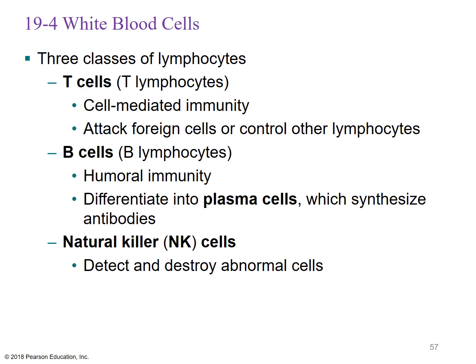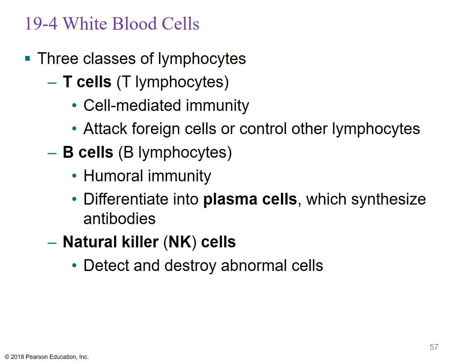Your 3 types include your T cells, which is all about cell-mediated immunity. That means it can attack foreign cells or even control other lymphocytes. So T lymphocytes, think cells. B lymphocytes, think plasma.